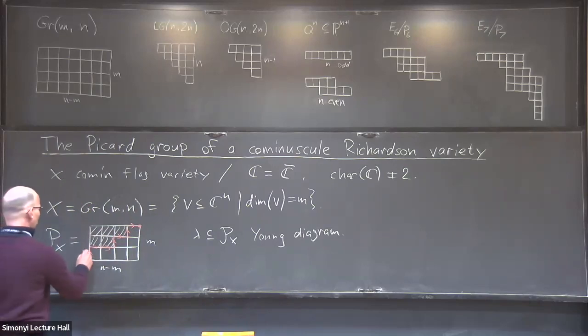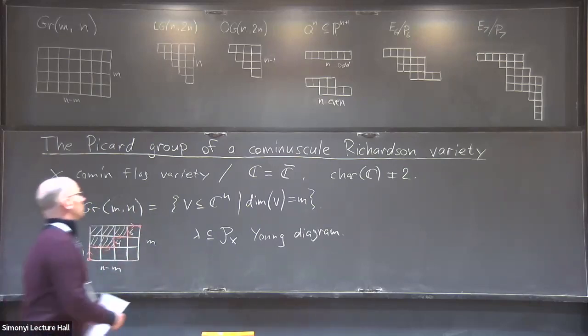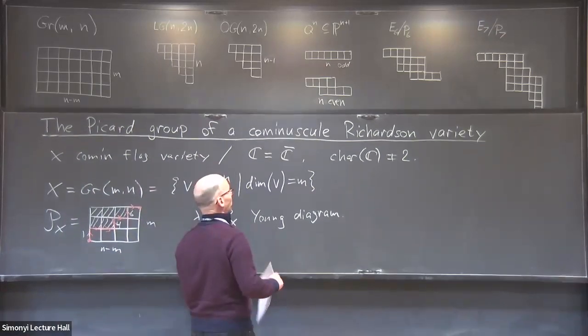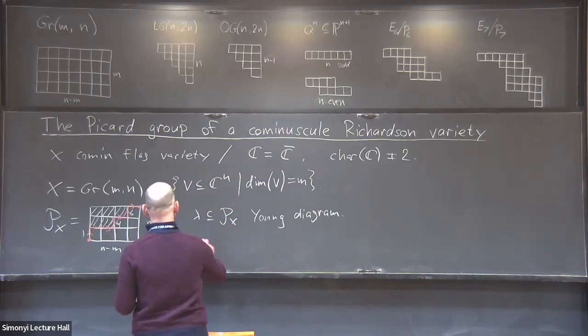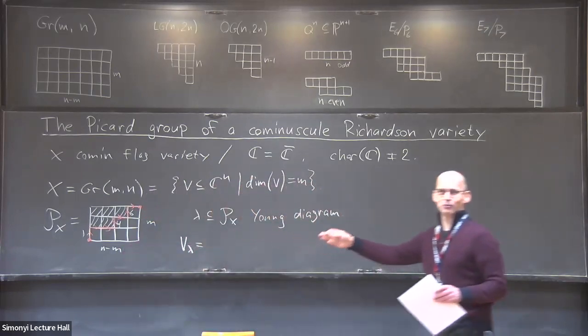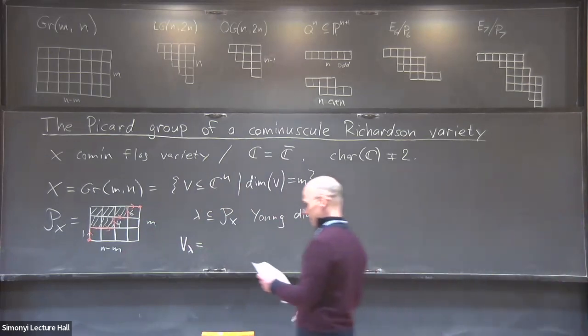So this is step number 1, this is step 4, this is step 6, and you get a corresponding vector space V_lambda. This looks like an irreducible representation, but today it's just a point in the Grassmannian.